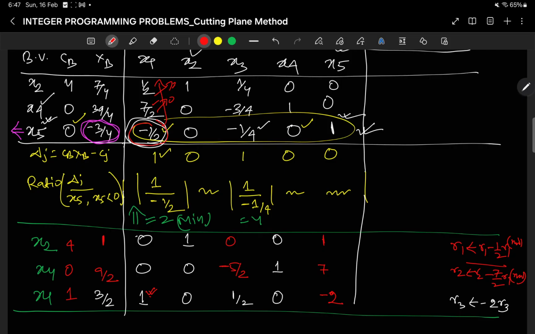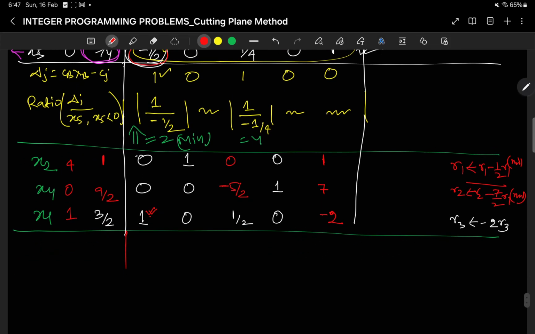Okay, then I will calculate my zj. What is my zj now? My zj or del j, I am directly calculating. Zj is cbxb for the solution. So this into this plus this into this plus this into this, it is 4 plus 3 by 2 is 11 by 2. Now I am calculating del j.